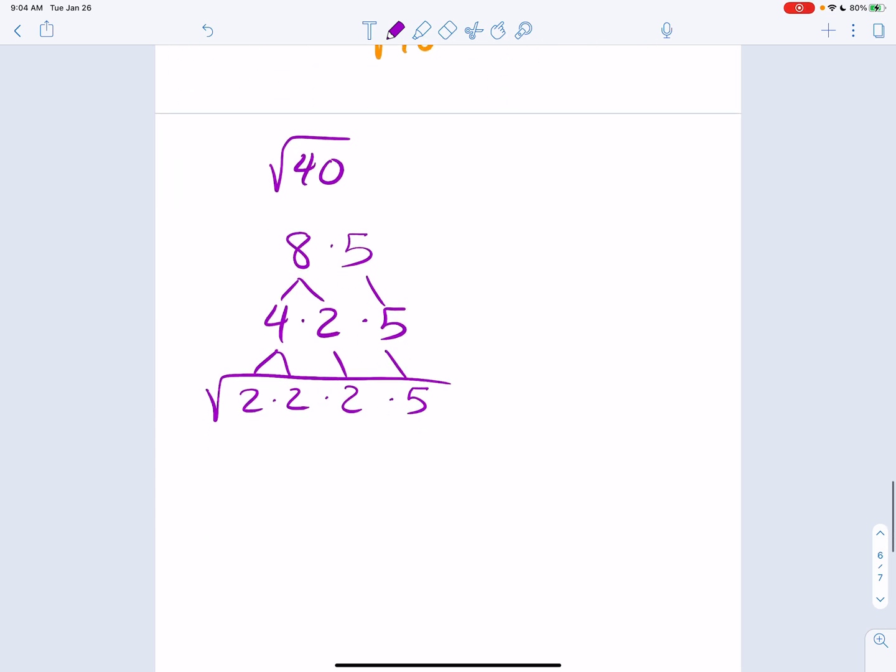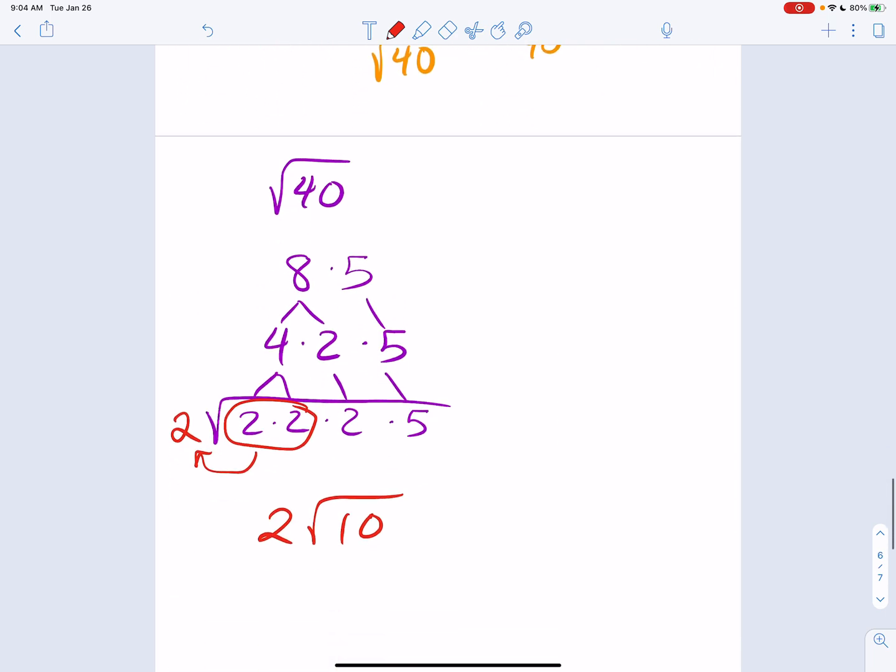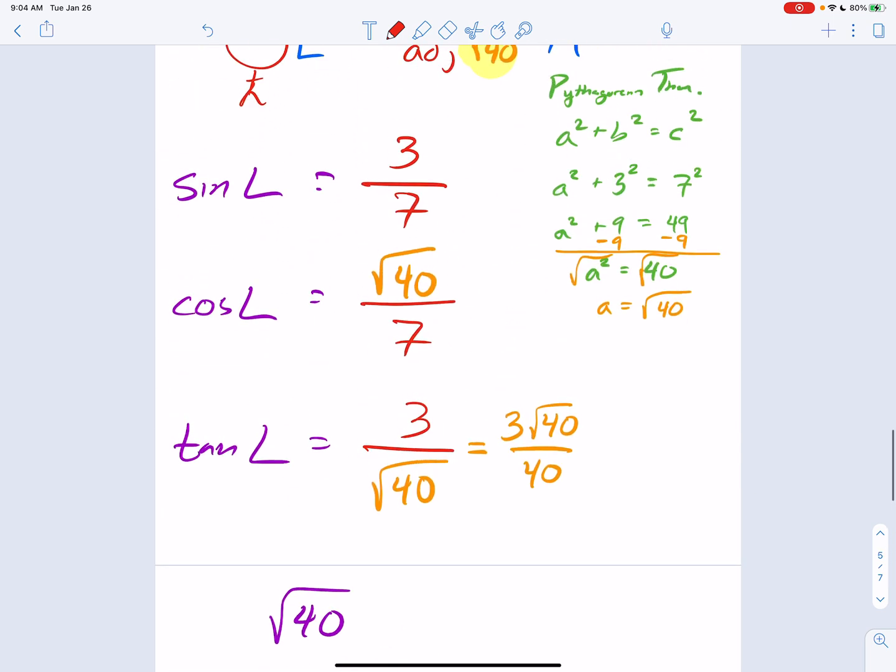I have a pair of 2's, so 2 is going to go on the outside. All that's left is the 2 and the 5 on the inside, which makes 10. So I could actually simplify. The square root of 40 is the same thing as 2 radical 10. So this is 2 radical 10 over 7. Now, since 2 and 7 can't reduce, I'll just leave it.